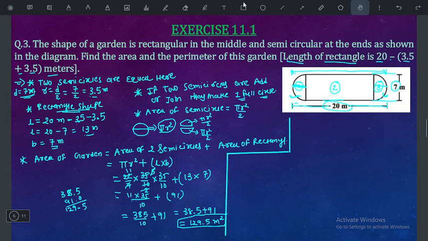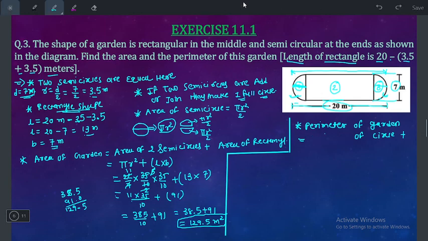The correct word we should use is circumference instead of perimeter, because see here, this is the border, this is the border.